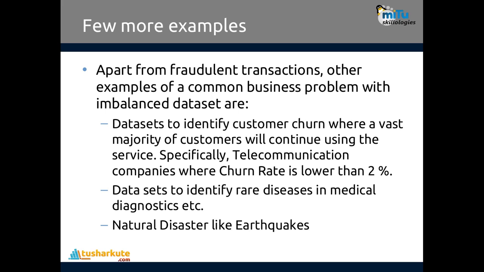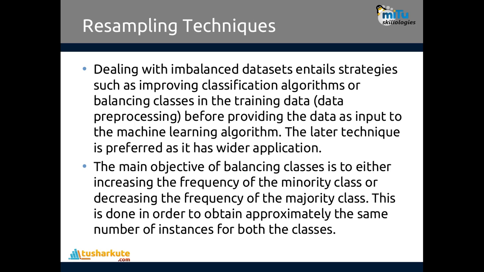Data sets to identify rare diseases in medical diagnostics are very difficult to identify. Natural disasters like earthquakes are not happening regularly, they happen rarely. So finding the reason and the categorization of them is very difficult for us. That's why working with imbalanced data sets is a very important task in machine learning.